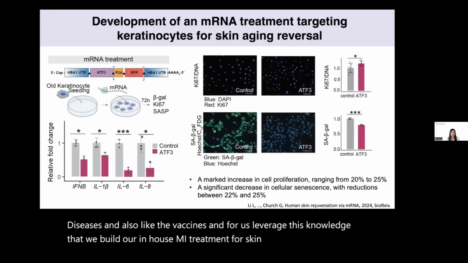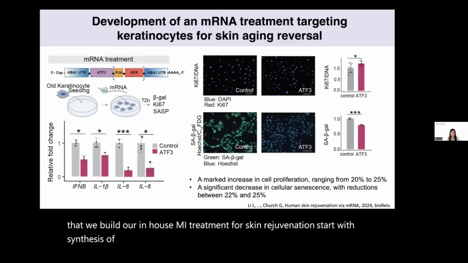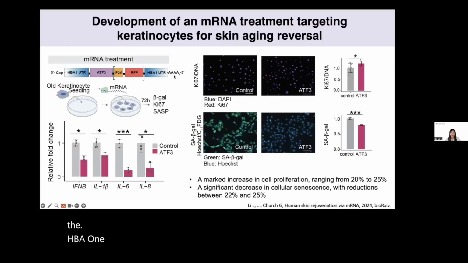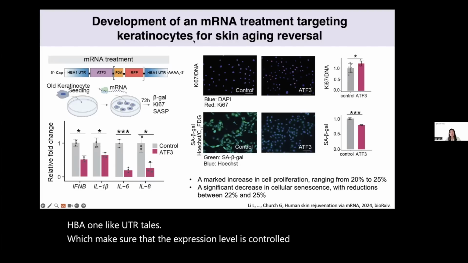We start with the synthesis of the mRNA for ATF3. We came up with a specific design of the mRNA which includes specific UTRs and the ATF3 gene, and also the HBA1-like UTR tails, which make sure that the expression level is controlled and targeted to skin.